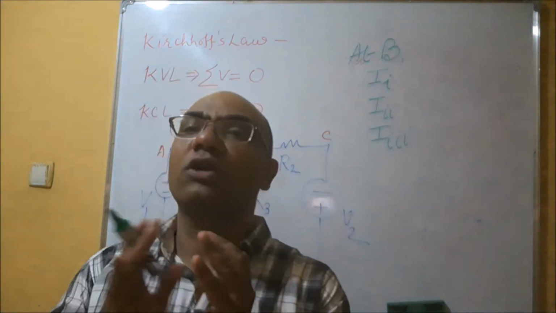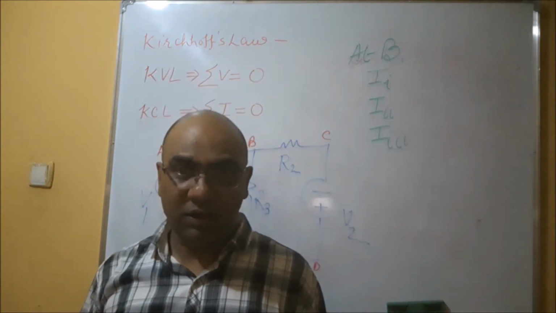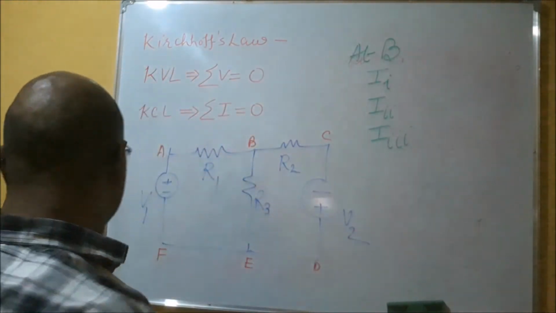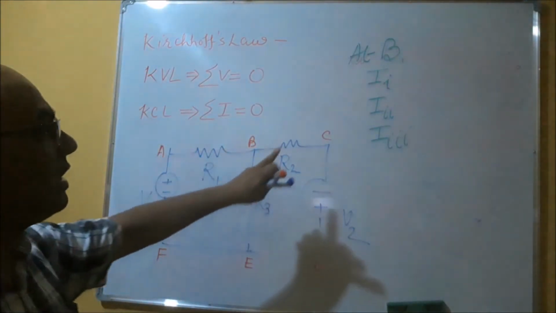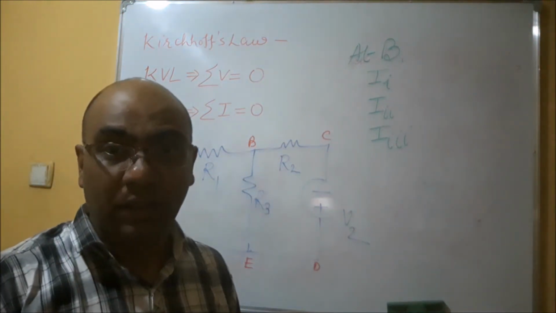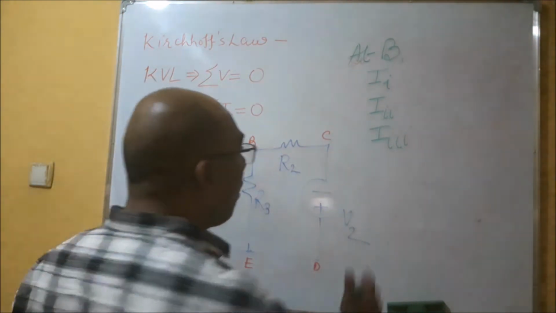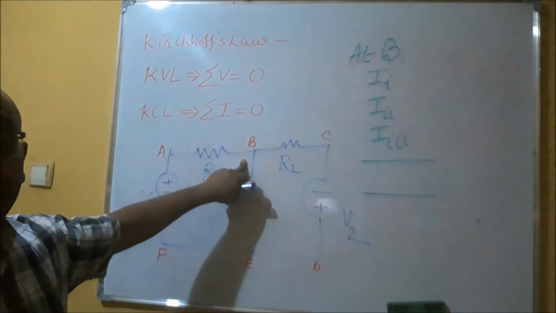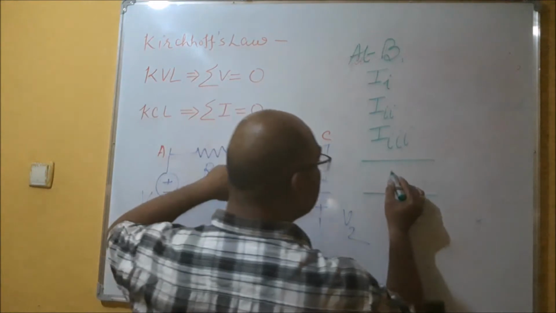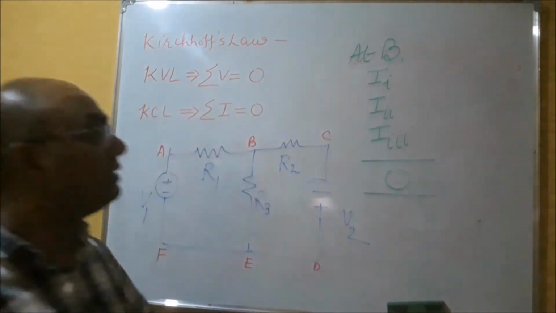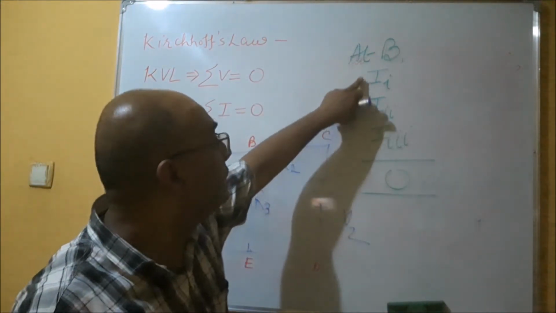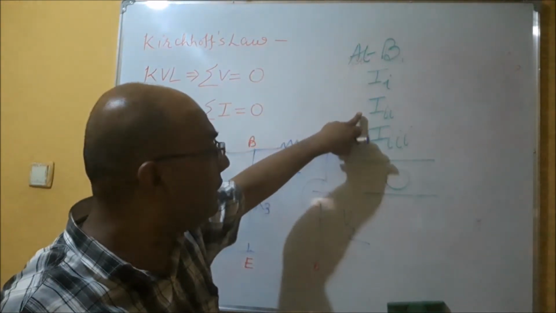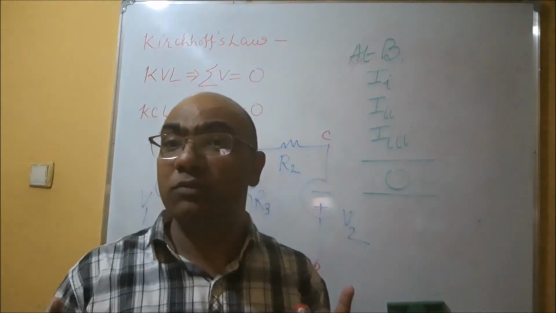I am not talking about the direction now; that we will discuss later. The currents in the three branches are I1, I2 and I3. If I sum all the currents at point B, it should be 0. This sum is denoted by this symbol, and when we add these three, the sum should be 0.